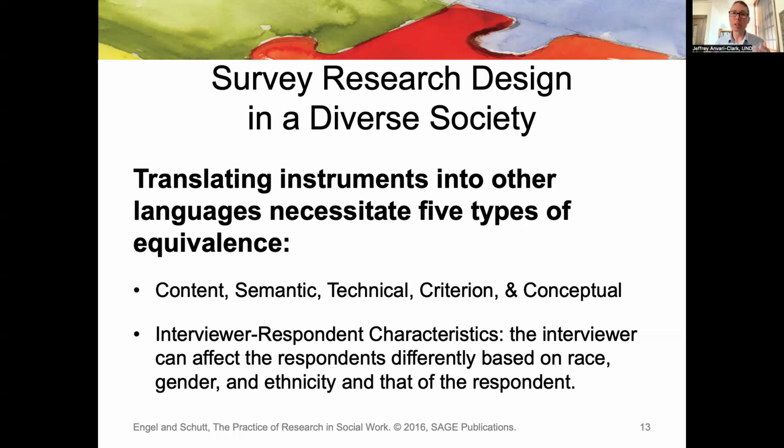So we need to be really, really mindful of how we bring ourselves, how we present ourselves, who is being presented, do they speak the language fluently, and is the survey in line with how they are going to be understanding it, especially if it's been translated into a different language.